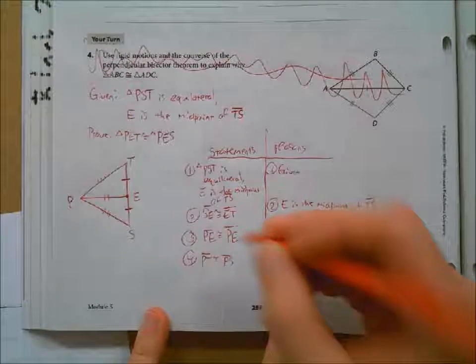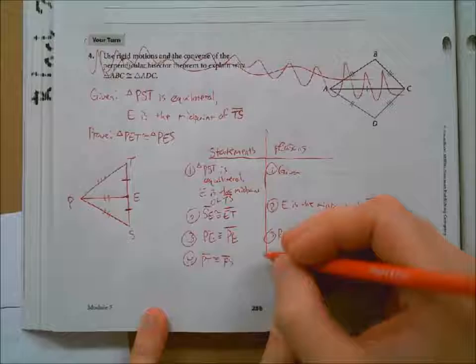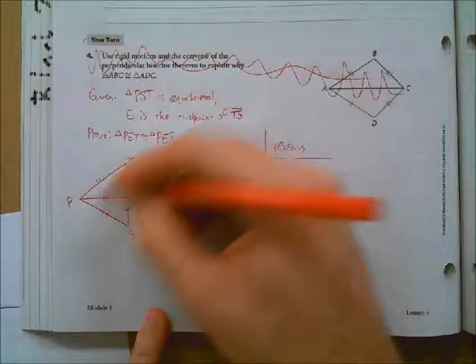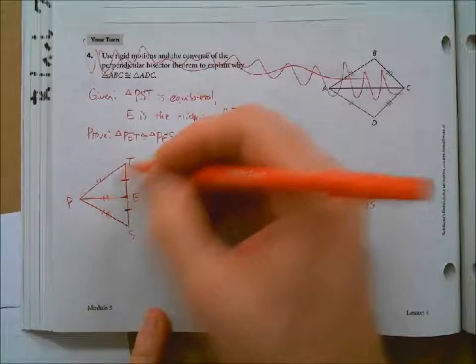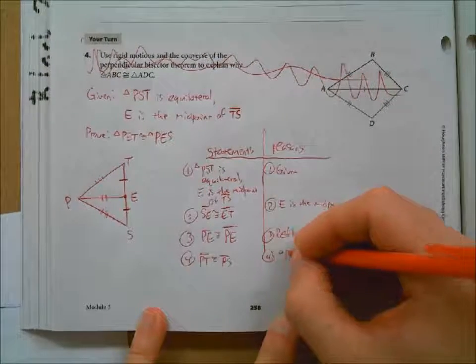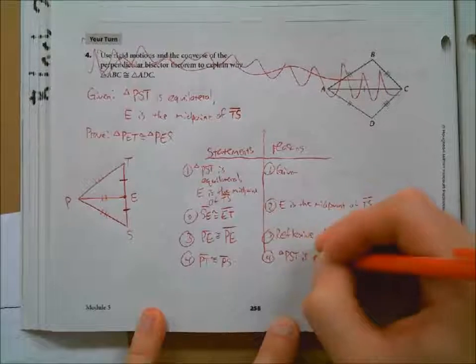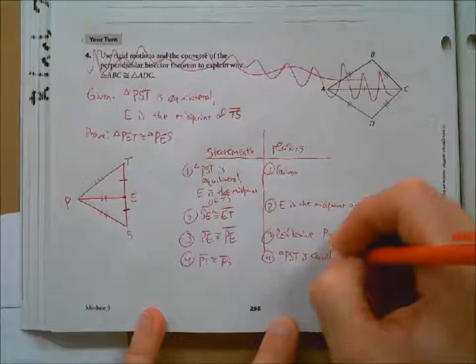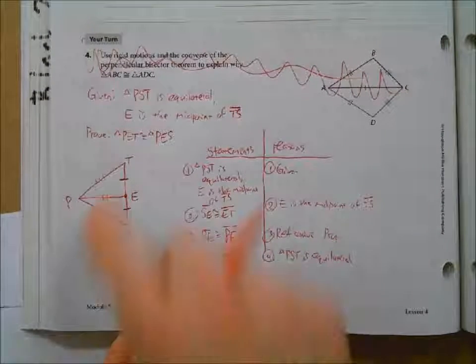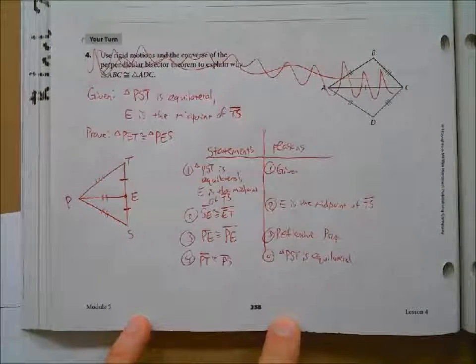PT and PS are congruent because triangle PTS, the big triangle here that's made up of the two smaller ones, is equilateral. So PT and PS, those are sides of triangle PTS, so they're going to be congruent. Triangle PST is equilateral. And no surprises here. What triangle congruence then can we use to show these two triangles are congruent? Side, side, side.